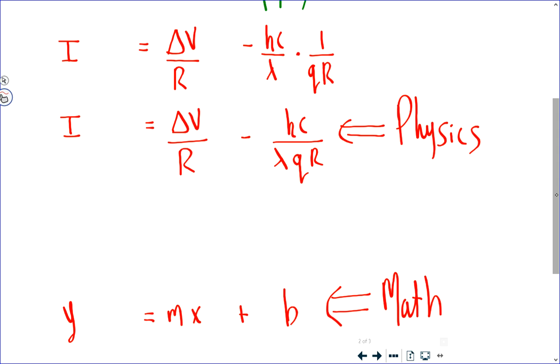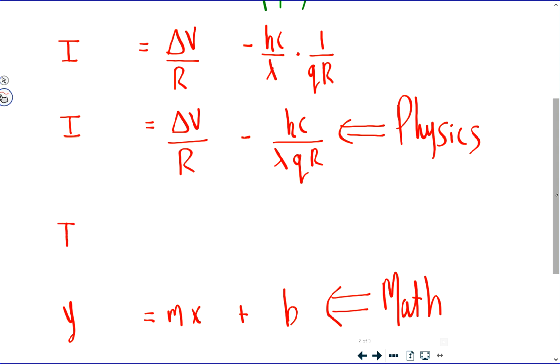And since you get a straight line on the graph, the mathematical equation is y equals mx plus b. Now I've left a space between those two because it might not be obvious to you what everything is in terms of matching up from the physics equation to the math equation. I think it's pretty clear that I is your y and delta v is your x, but I would like to rewrite this physics equation just a little bit differently.